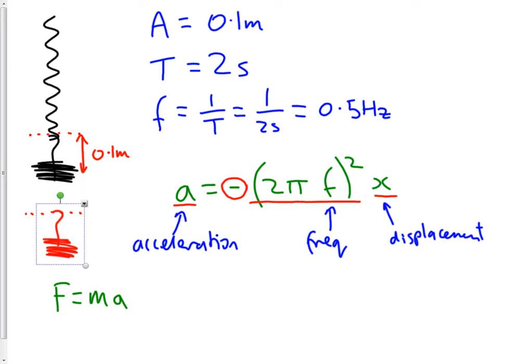So the greater the displacement away from equilibrium, the greater the force trying to restore it to equilibrium, and therefore the greater the acceleration. So this sort of makes sense.